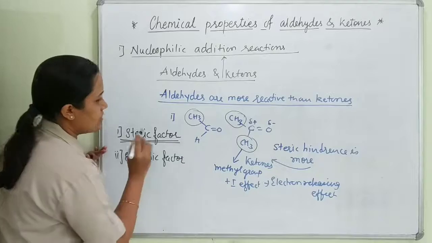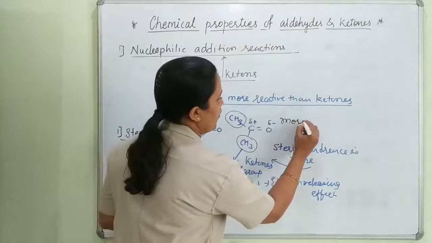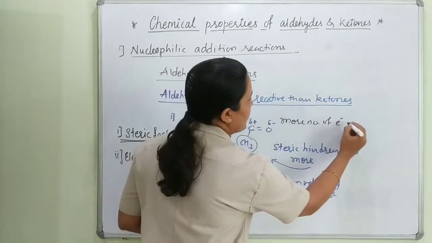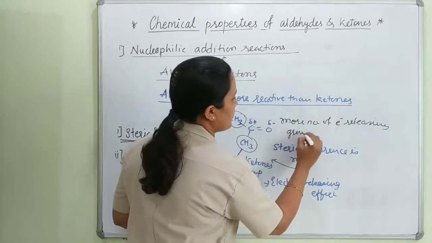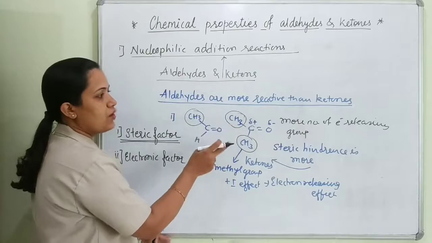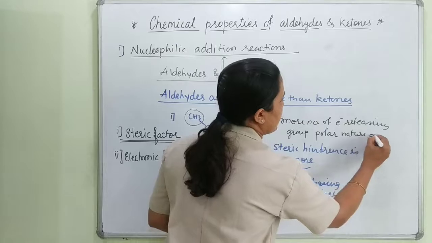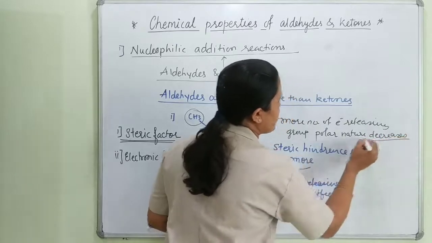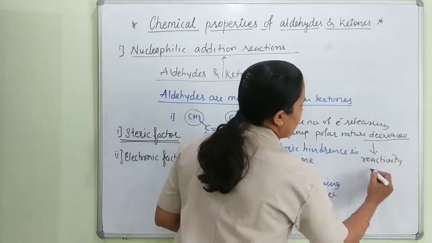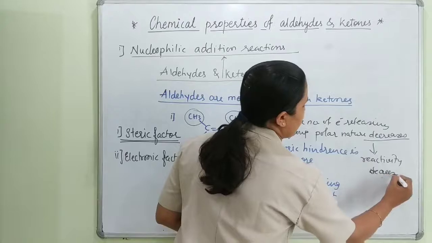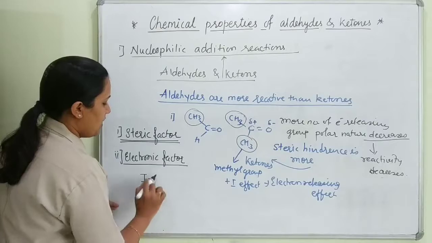Now steric factor means what? Due to the presence of more methyl groups, more electron releasing groups, the polar nature decreases, and as the polar nature decreases, automatically the reactivity will also decrease. And the electronic factor means due to the plus I effect.